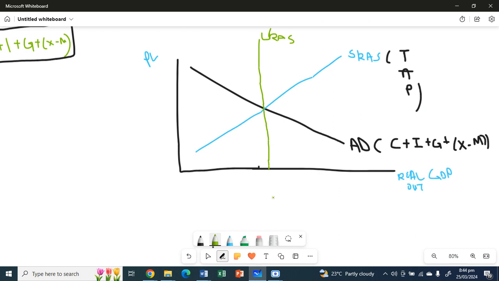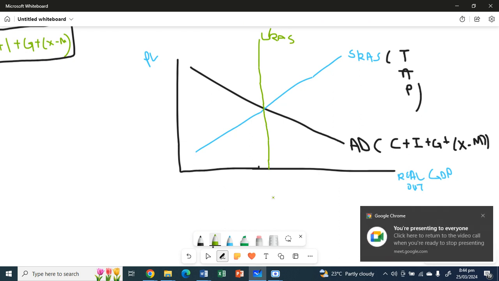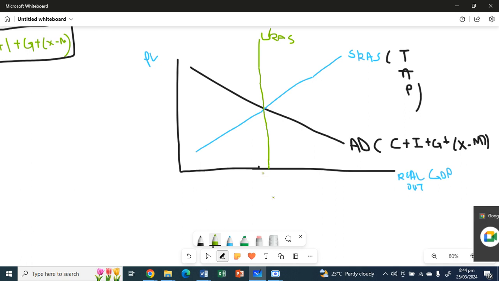Factors of production: land, labor, capital, entrepreneurship. So this point here is called the real GDP output at full employment of these factors of production. So this is how the curve has to be.